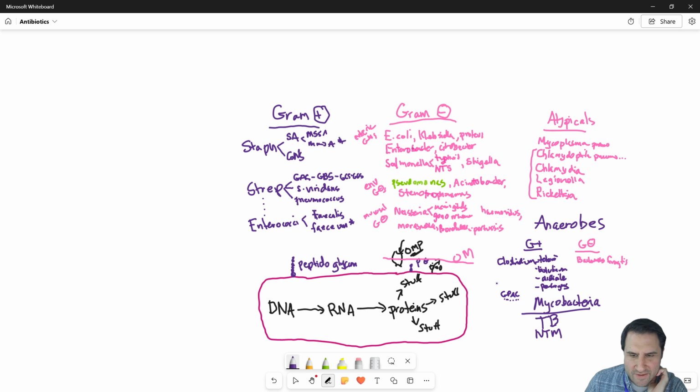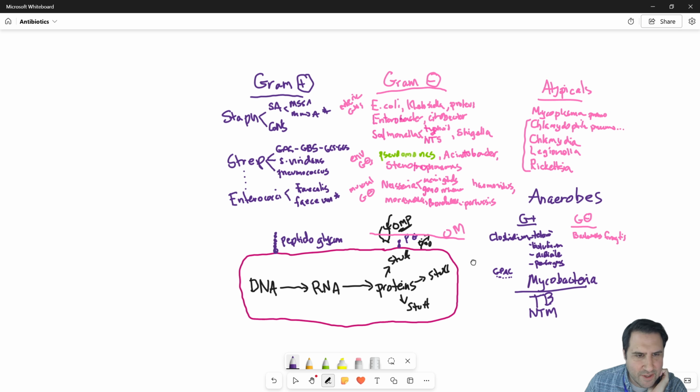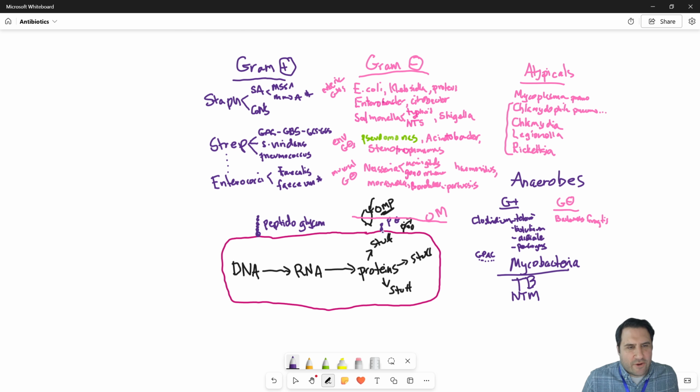So let's zoom in on this copy I made. All right, that should be good. So we're here. We finally made it through translation and blocking the ribosomes, and now we're on to cell wall stuff. The vast majority of antibiotics from here on out are really the antibiotics that work on the cell wall.